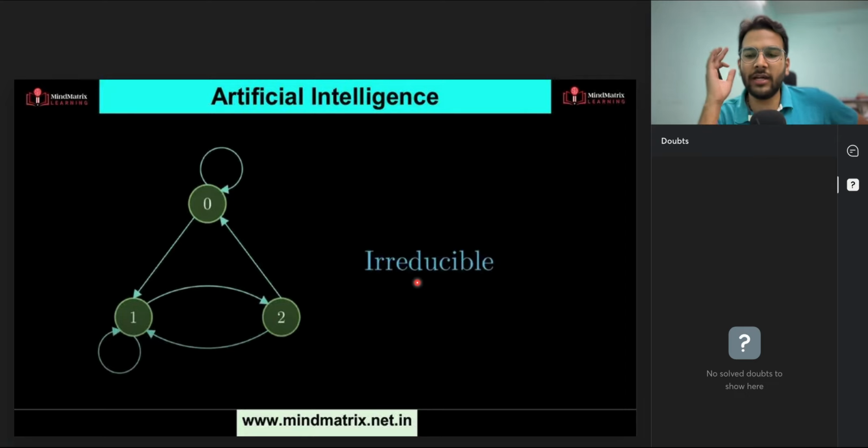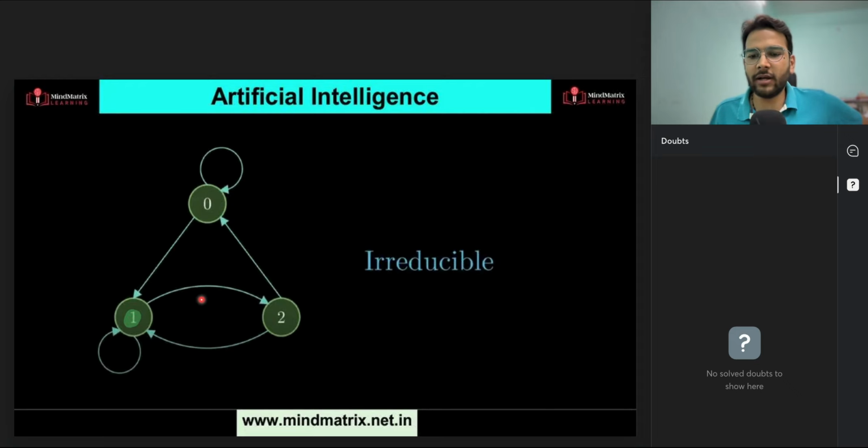If you start from any state, let's say you are starting from 0, it is bound to happen that after a certain number of steps, you will reach back to 0. Yes or no? Let's say you can take this path, fine. You go to 1, you take this path, you go to 2, and then after some steps, you will come back to 0. So can I say now 0 is my recurrent state?